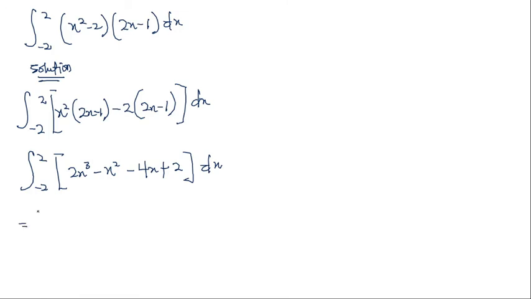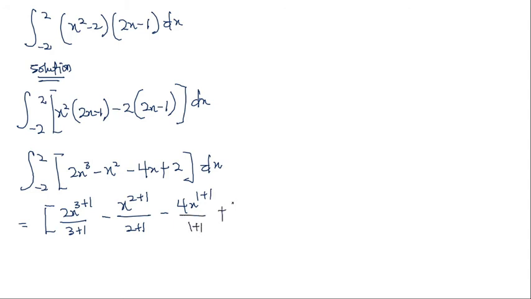All right. So this is equal to, I know if I integrate this function 2x raised to the power 3, I'm going to get 2x^3, then I add 1 to it, and I divide by 3 plus 1. Then minus the x squared, which becomes x^(2+1) over 2 plus 1. Then minus 4x. It has power of 1, I add another 1 to it, and I divide by 1 plus 1.